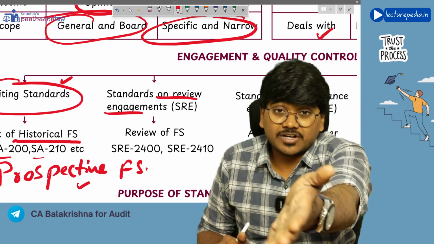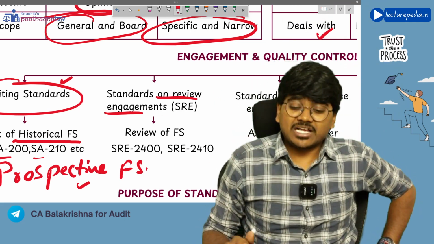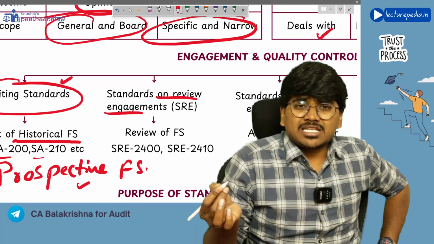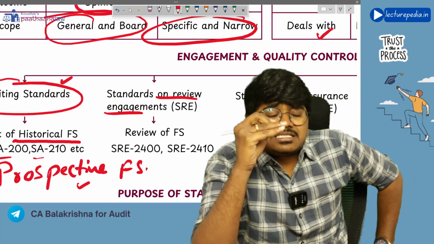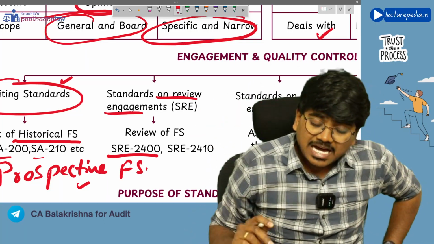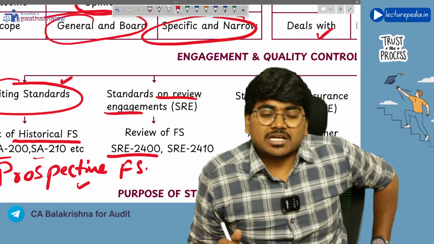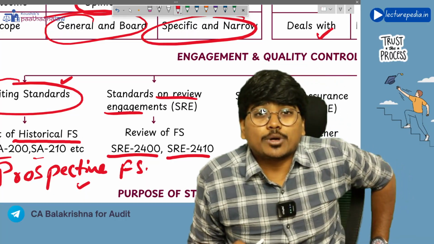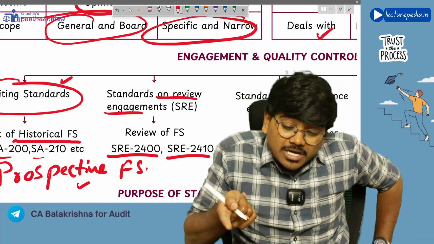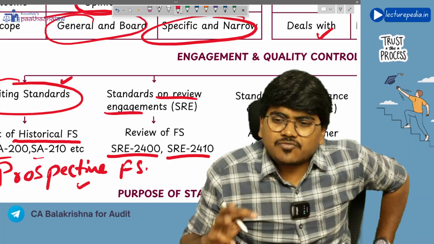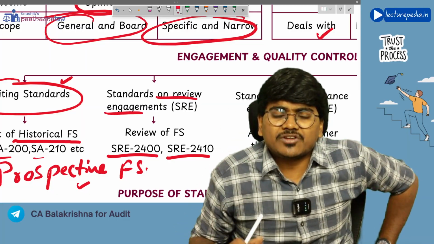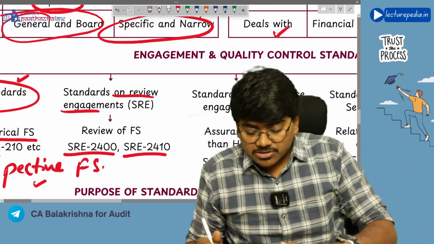There are also standards for review engagement issued by ICAI, which are the SRE series. SRE 2400 deals with review of historical financial statements. SRE 2410 deals with review of interim financial statements. Interim means for every 3 months or 6 months you will prepare a financial statement.